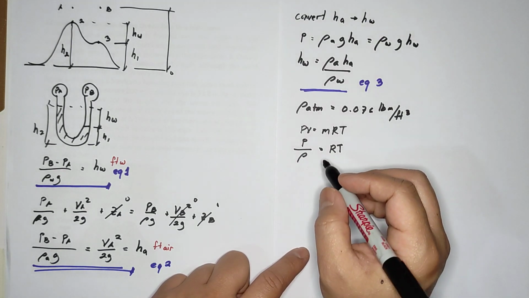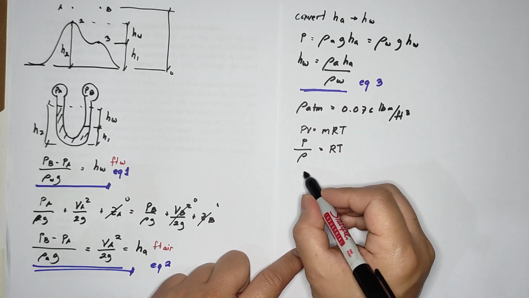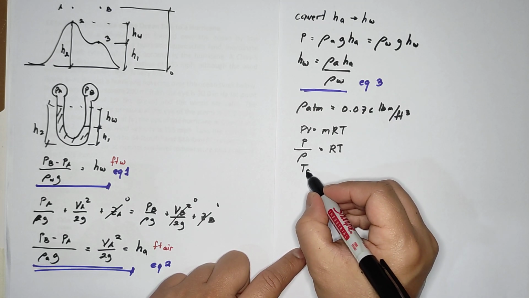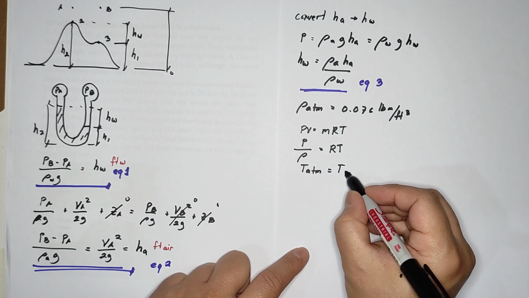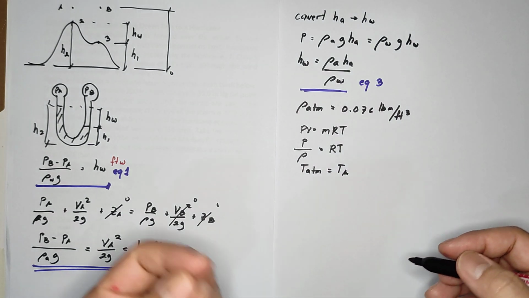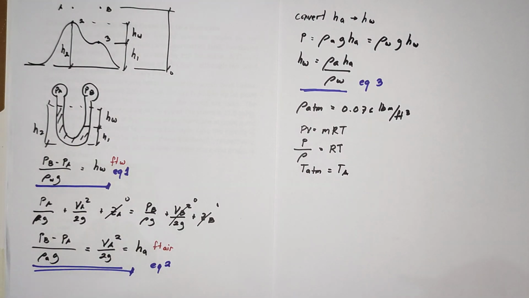Now, assume that the atmospheric temperature is the same as the temperature at point A. Let's just assume like that. Okay?